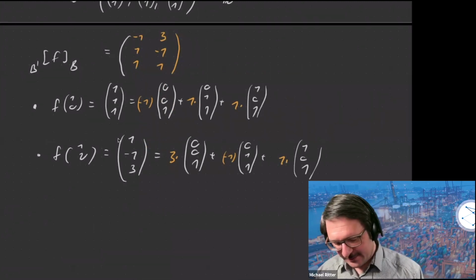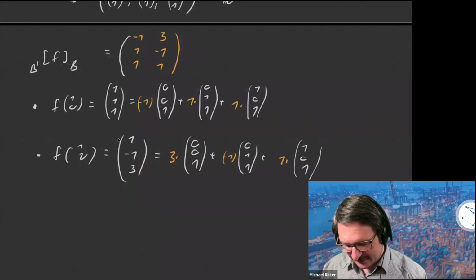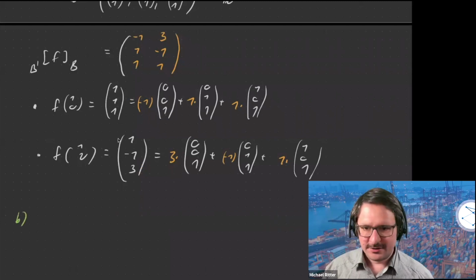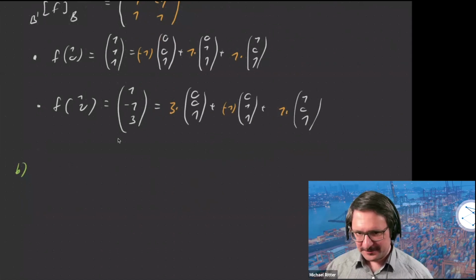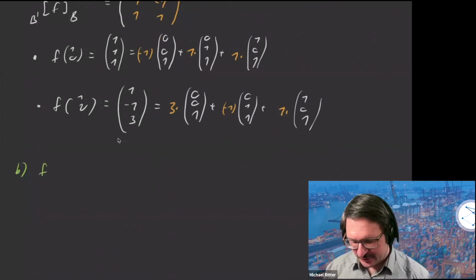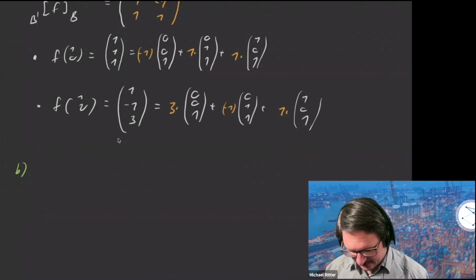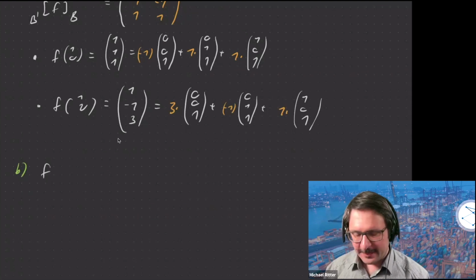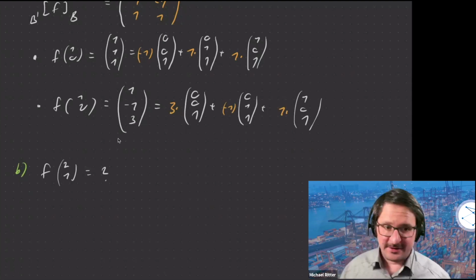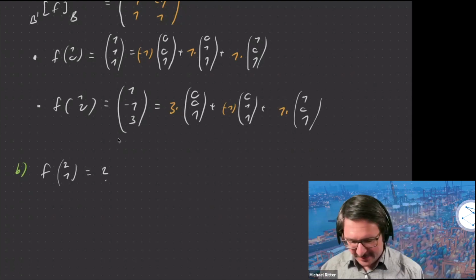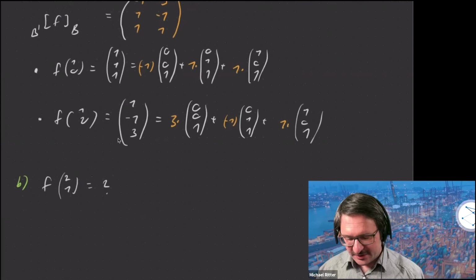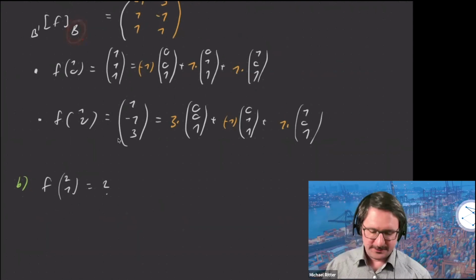Let's quickly use that matrix representation in parts B and C to do some computations, and then I'll answer questions. First one we want to compute is the value of F at (2, 1) using the matrix representation. Now remember that matrix representation works on B coordinate vectors.